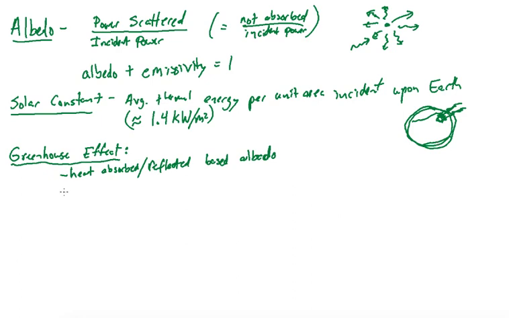What happens is our heat, the planet itself, like the surface, is heated to whatever temperature it's at. Our planet's around 300 Kelvin, and as it has heat, it has black body radiation, and so it re-radiates. So heat is re-radiated based on the planet's temperature, like black body radiation, and it's re-radiated back out.